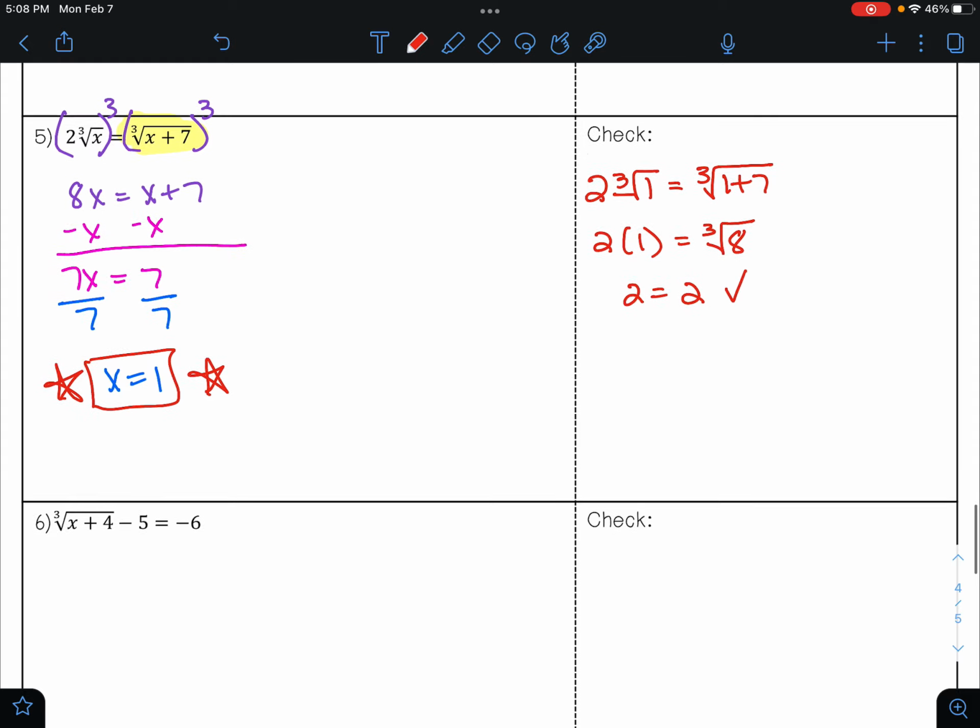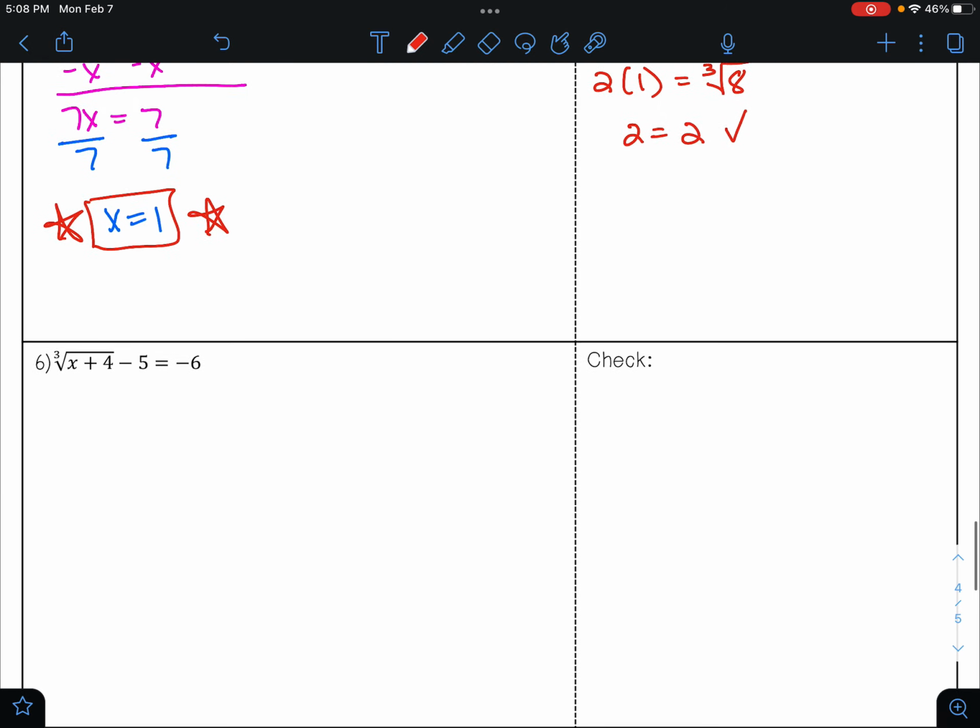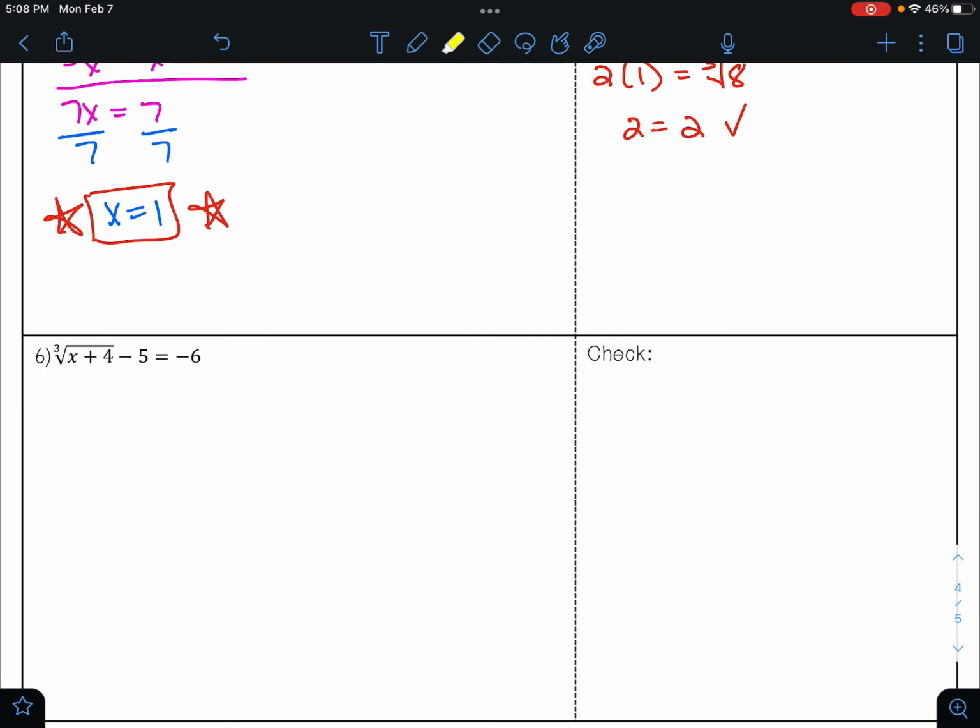And then on our last example, we want to go ahead and isolate that cube root of x plus 4. And so my first step is going to be to add 5 to both sides. So I'll have the cube root of x plus 4 is equal to negative 1.